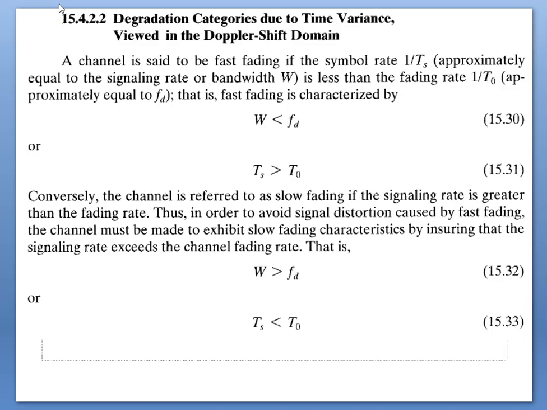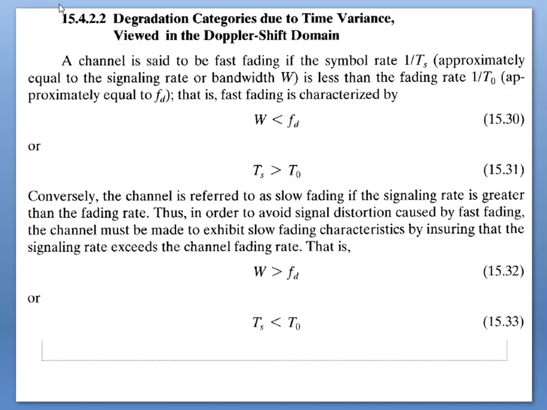A channel is said to be fast fading if the symbol rate 1 by Ts, approximately equal to the signaling rate W, is less than the fading rate 1 by T naught. That is, fast fading is characterized by W less than Fd, or Ts greater than T naught.